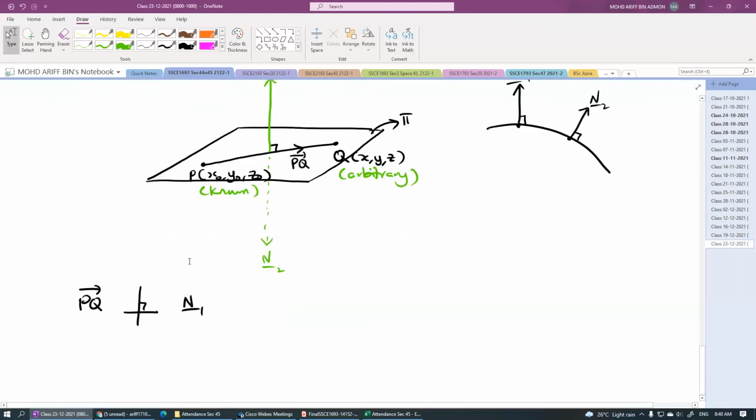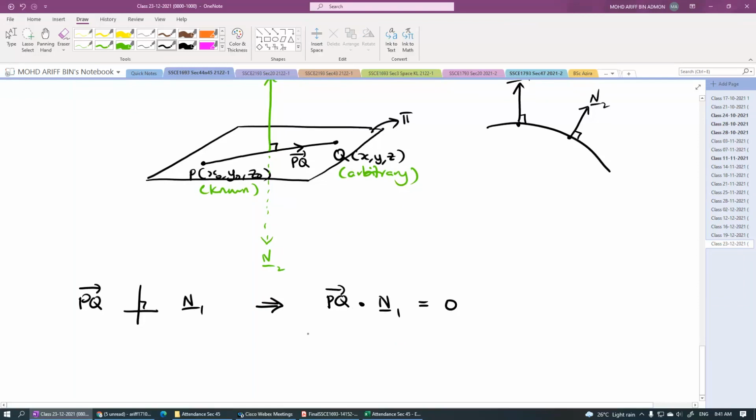So when this is perpendicular, it means that by using the property of our dot product, we know that PQ dot normal vector 1 should be equal to what? Equal to 0, yes, exactly 0. So what is your PQ?